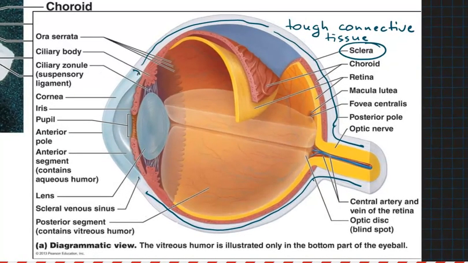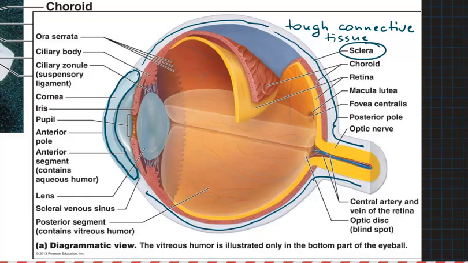Now this part of the fibrous layer right here is the cornea. The surface of the cornea, the ventral surface on the outside, constantly experiences the onslaught from the environment, and the cells have to be able to be replaced.